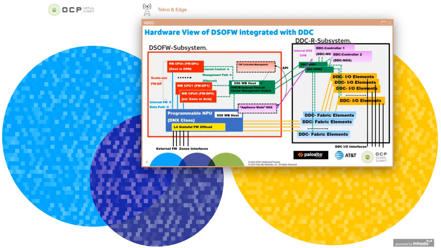The target is that we would like to be able to connect it eventually into the DDC fabric. The advantage of connecting it this way is that we already have routers connected with interfaces, and because the connection is through the fabric, we can route traffic to the firewall subsystem and then coming back. This is the eventual, longer term target.